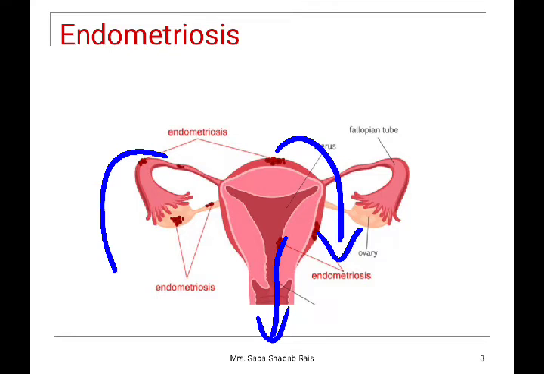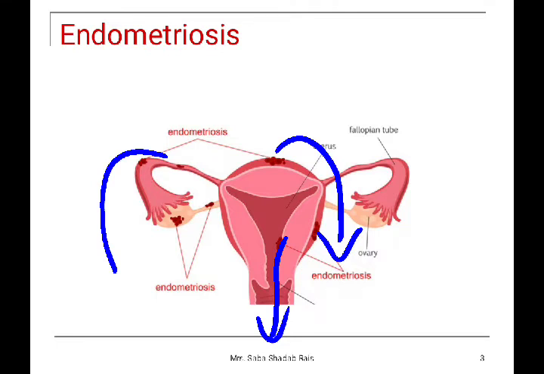So if such issues are there, the person should get checked for endometriosis. Women who use birth control pills for a long period of time, or women who have had several pregnancies, have reduced chances of endometriosis.